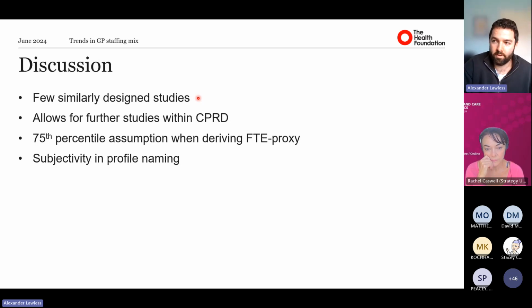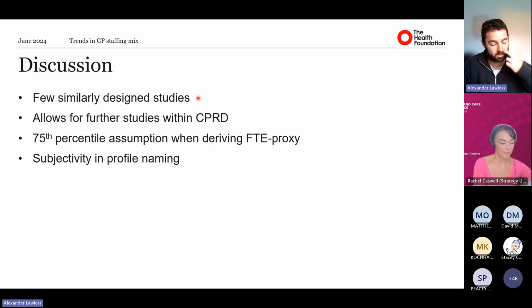In terms of areas where there's some subjectivity and we're very much open to feedback or criticism, our process for deriving FTE is fairly novel, I think, and extracting the 75th percentile is a somewhat arbitrary figure.